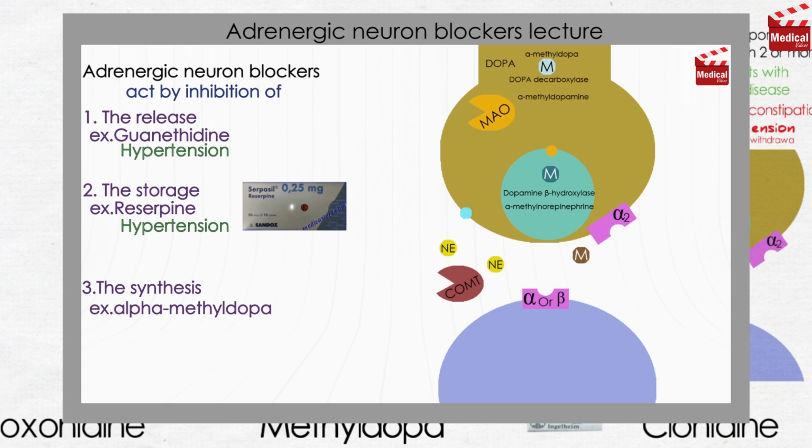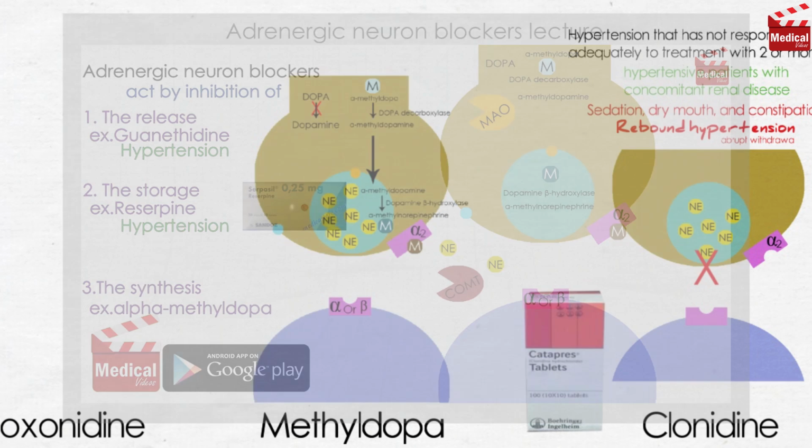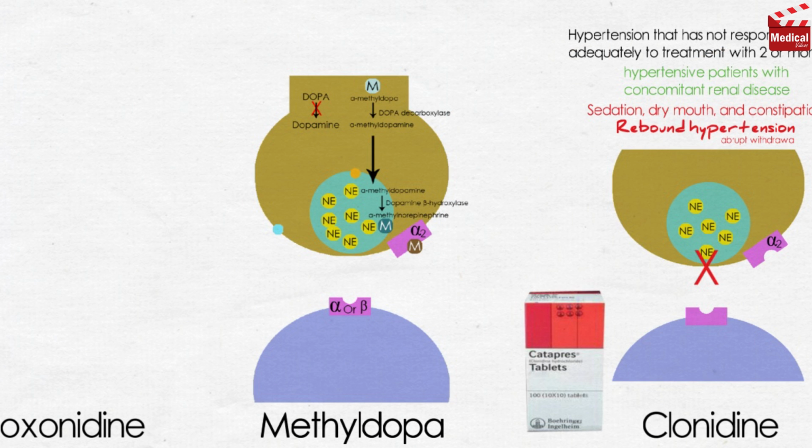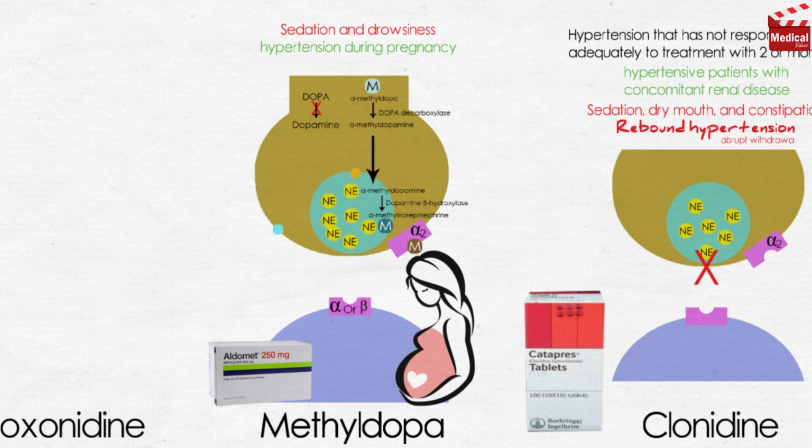Alpha-methyl norepinephrine is an agonist of presynaptic alpha-2 adrenergic receptors. Activation of these receptors in the brainstem inhibits sympathetic outflow and lowers blood pressure. The most common side effects of methyl Dopa are sedation and drowsiness. It is mainly used for management of hypertension in pregnancy.